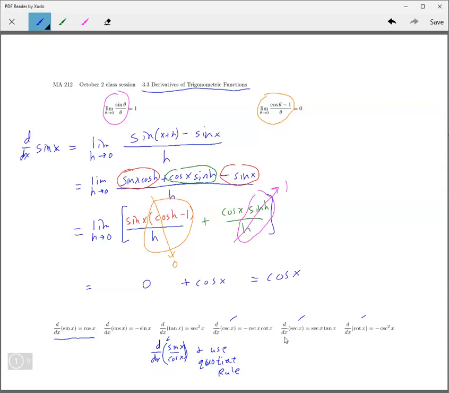I just have a quick question. Can you explain again why sine theta over theta equals 1 and why cosine theta minus 1 over theta equals 0? Well, the book says it's on the basis of numerical and graphical evidence.